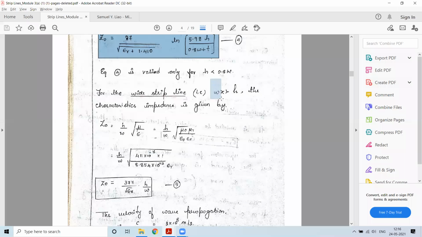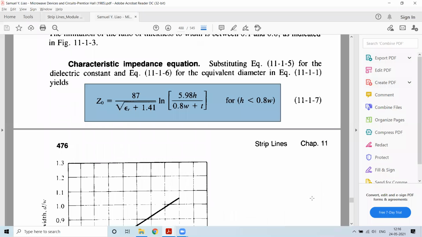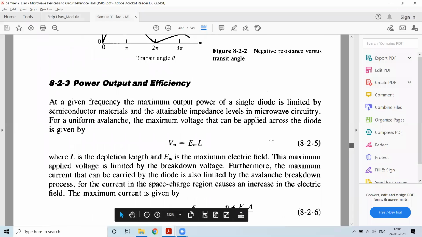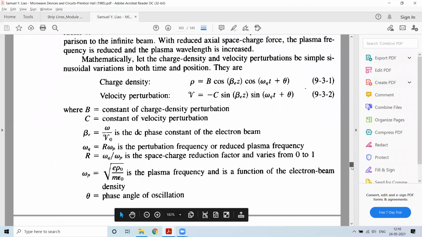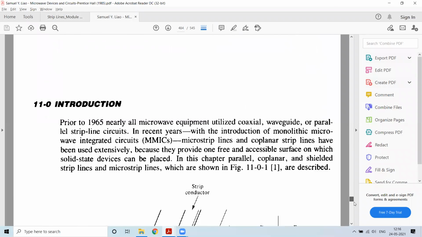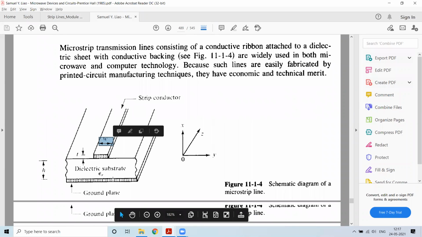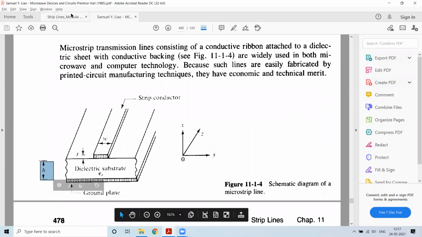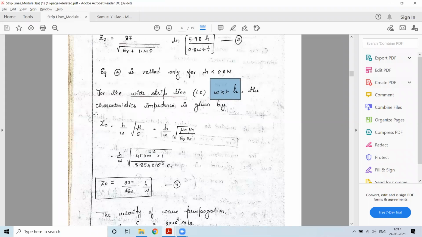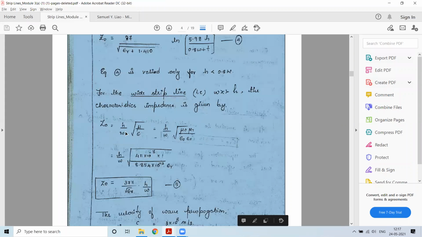Now, what if the width is much greater than the height? So if that is the case, then Z naught is given by this equation in which we have Z naught equal to h by w into square root of mu by epsilon.